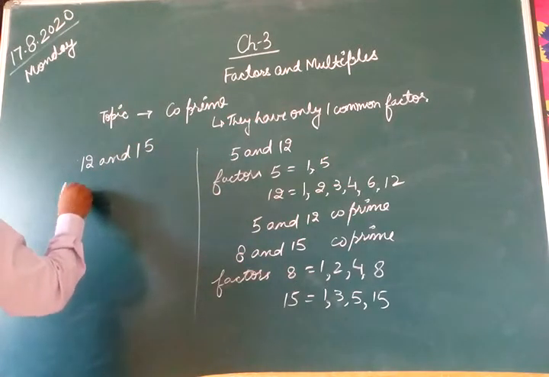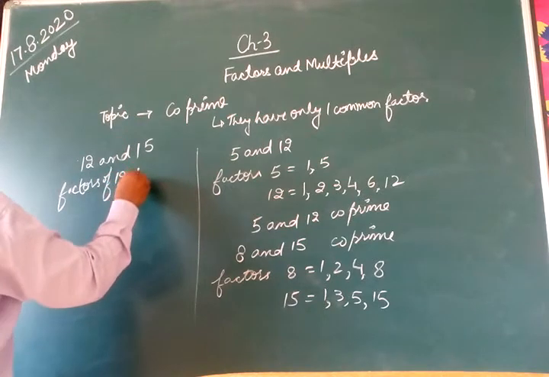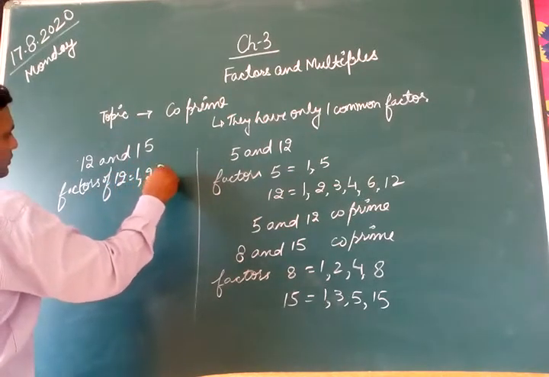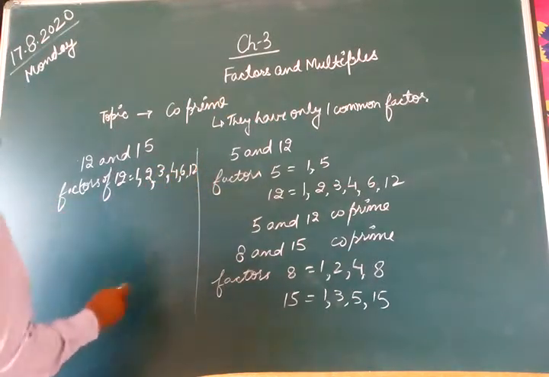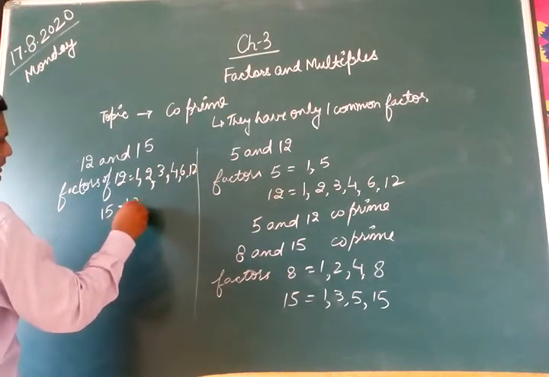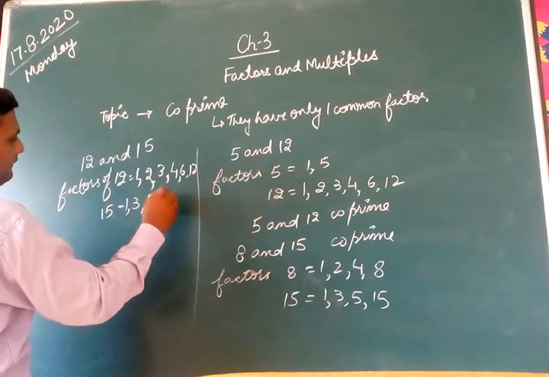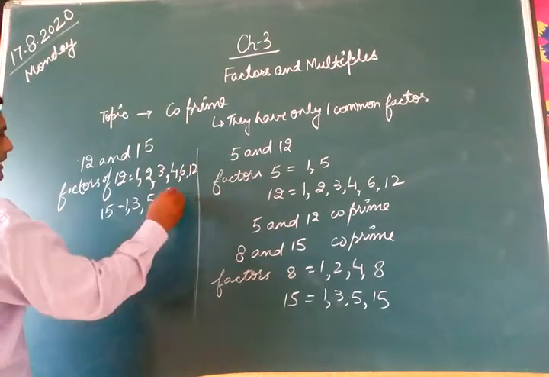So we will find out the factors of 12: 1, 2, 3, 4, 6 and 12. The factors of 15 are 1, 3, 5 and 15.